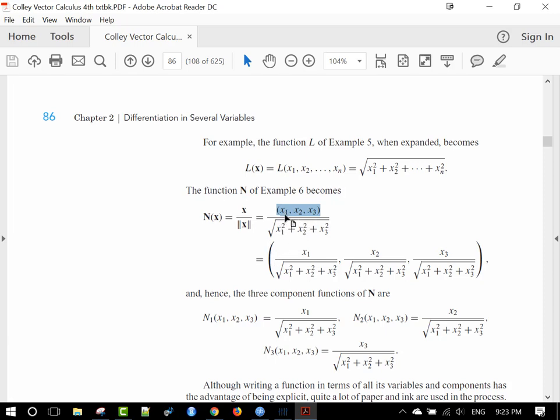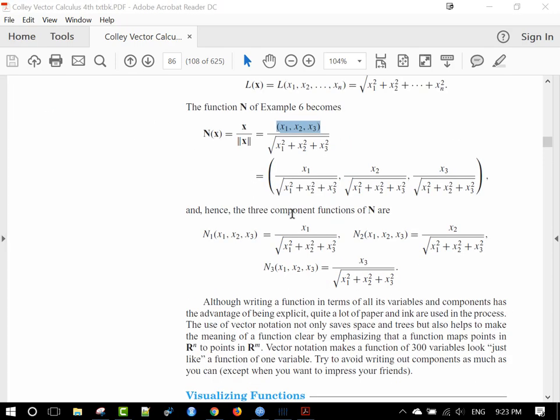This means that you divide each component by this. So that's what they did here. They divided each component by that. So the component functions are this one, and this one. So this would be called f1, this would be called f2, and this would be called f3. Or actually they're calling them n1, n2, and n3.